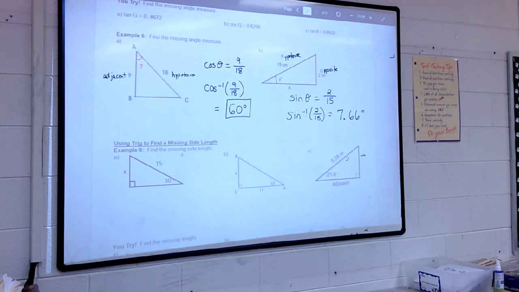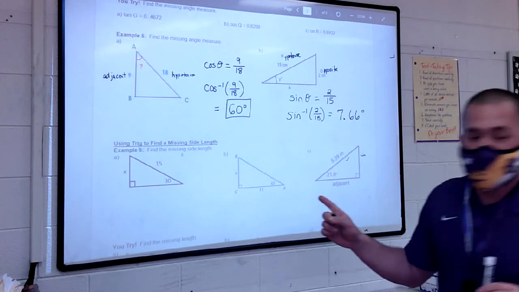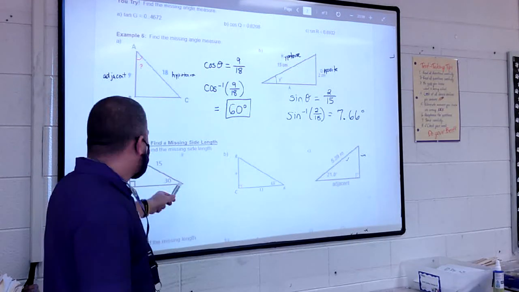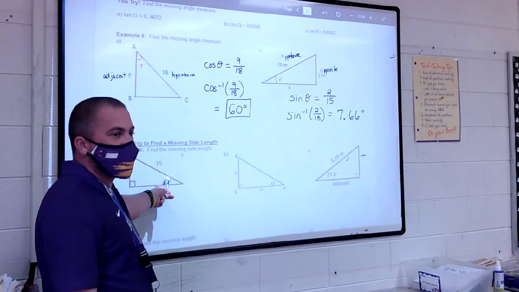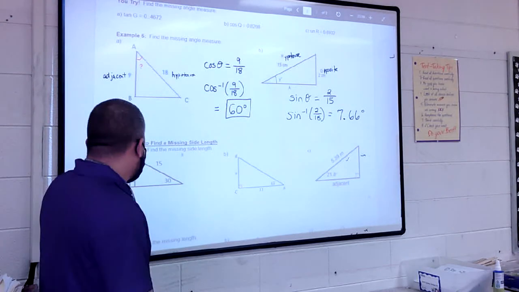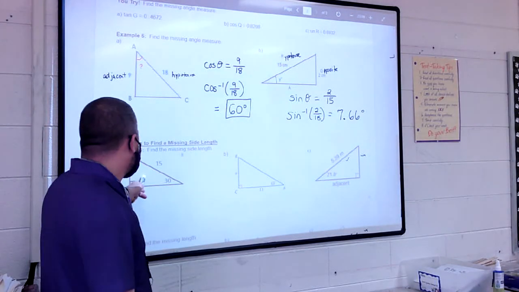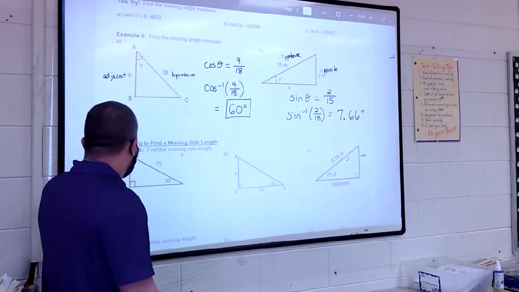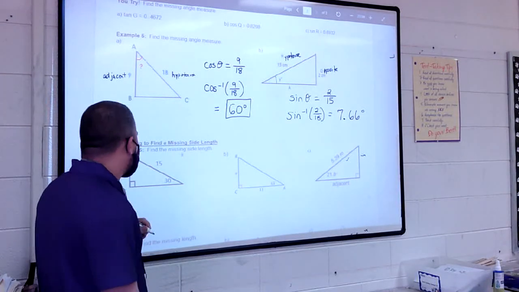All right, now, there's also 5 like this. Find the missing side. Okay? You still have to figure out what 2 sides I know. So here's the angle. We actually know the angle. It's 30. This x is what side from 30? Opposite. This 15 in the triangle is the what?